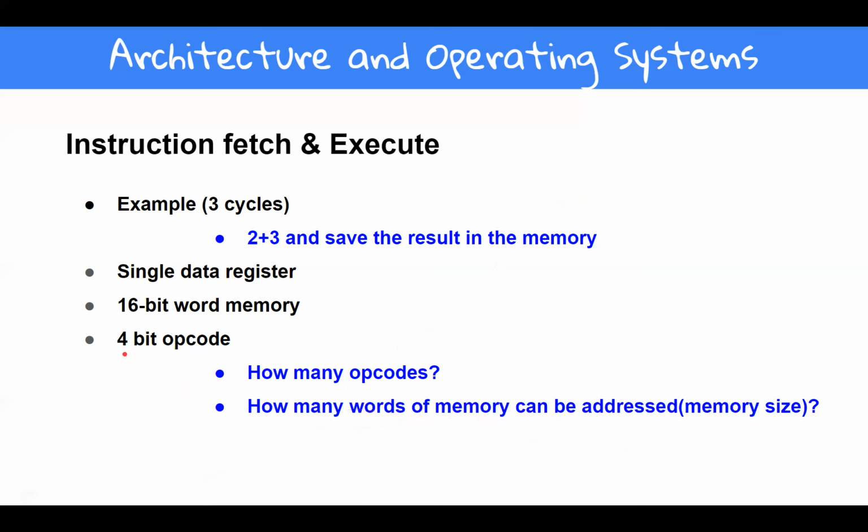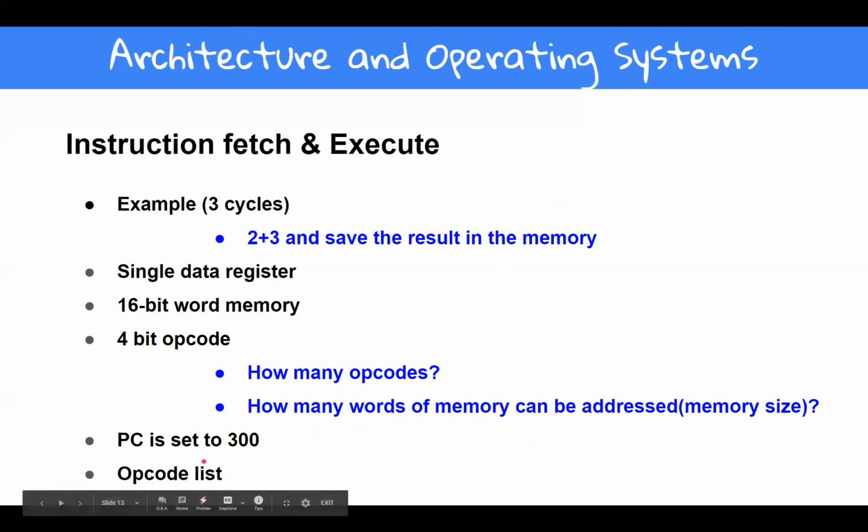So it's very important to understand the bits for the opcode and the bits for the addresses. The program counter is set to 300. It means that in the memory, location 300 is the start of reading from memory. So we start reading from position 300. I'll show you how it is, and you should have an opcode list that I'll show you in a second.